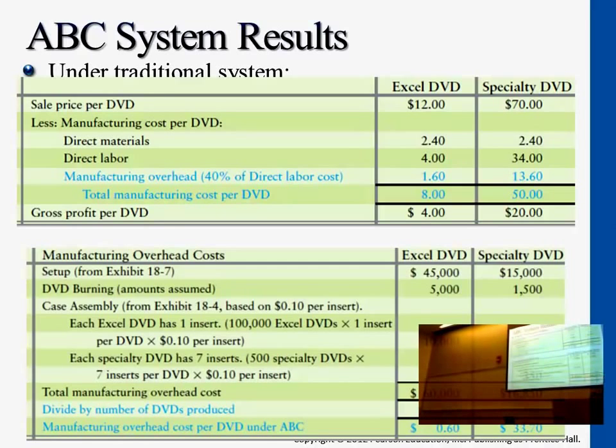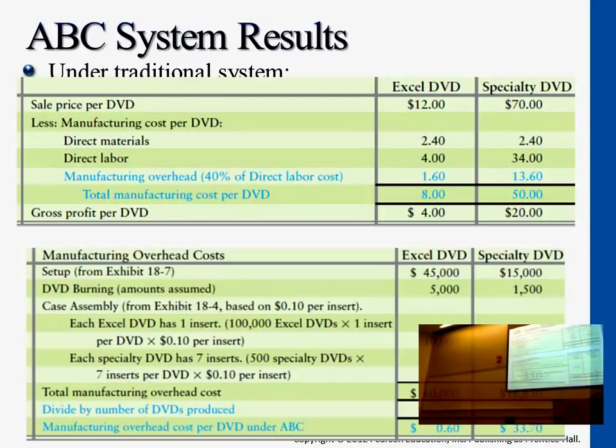So take a look at specialty ones. Remember specialty, we only have 500 orders here. Setup cost, 15,000 divided by 500, $30, right? What about the next one? DVD burning, 1,500. Divided by 500, that would be $3.